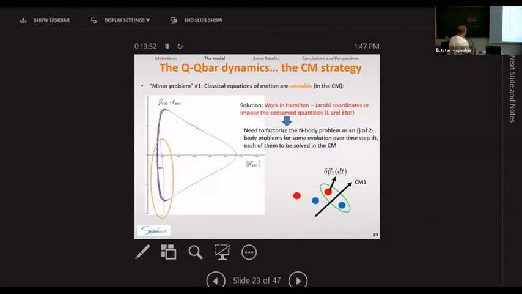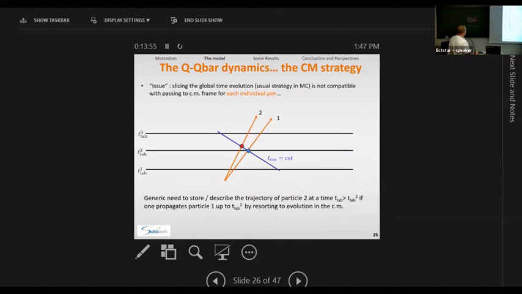It's technically involved, and also there are little discrepancies each time that you move back and forth to the center of mass frame. You are introducing some small glitches with respect to your main evolution, which is done in the lab frame.